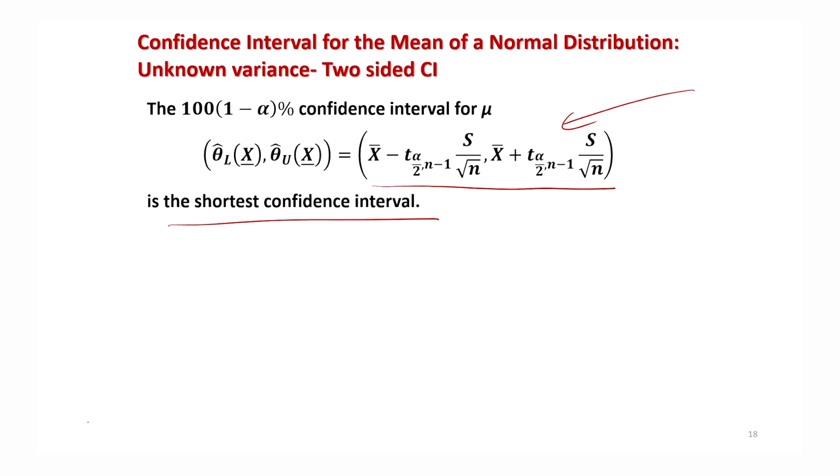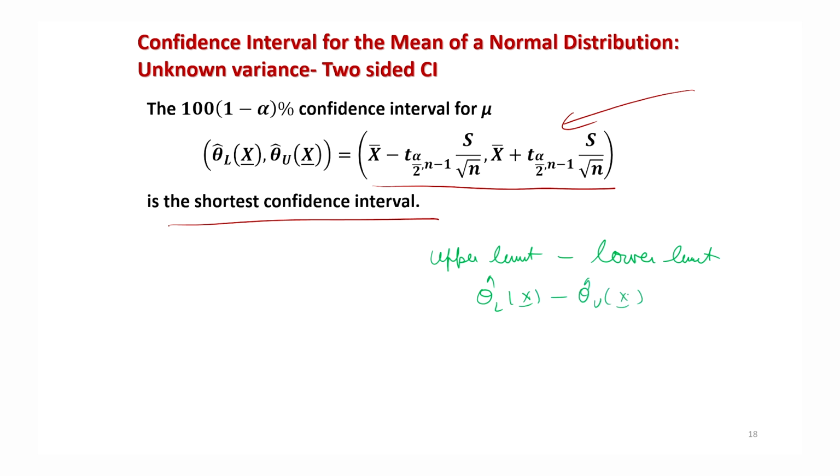Well, the length of the confidence interval is obtained by the upper limit minus lower limit, that is theta hat U of x minus theta hat L of x, right.